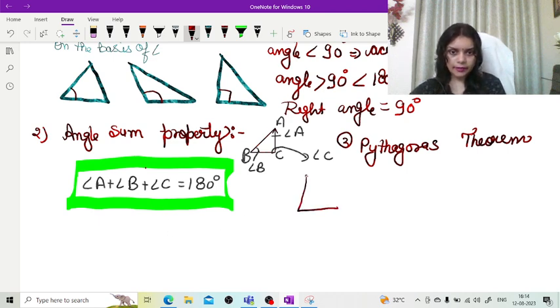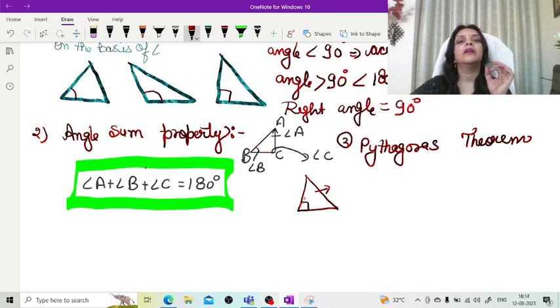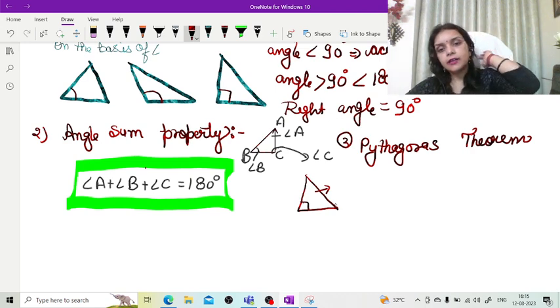Firstly, I am drawing a right angle triangle. Suppose this is a right angle triangle, right? So what is hypotenuse, what is base, and what is perpendicular? See, what is hypotenuse? The longest side of the triangle is the hypotenuse, and we know which is the longest side. This one is the longest side, right? This is the first thing.